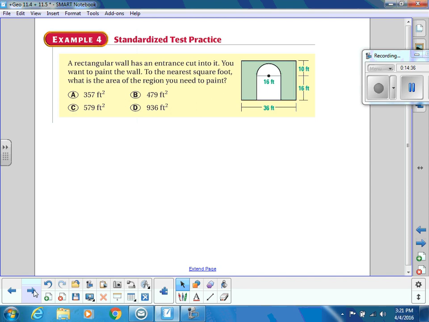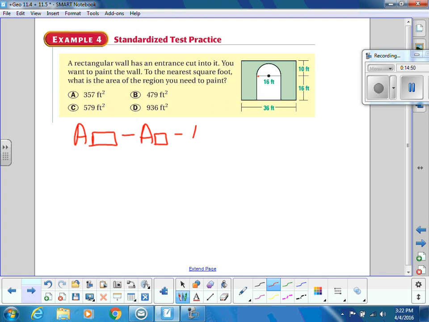All right, so let's look at this one. This looks more like what we were doing in the last class. We've got a rectangle, and we're going to subtract off the square and the semicircle. So this one's kind of nice because I've got a semicircle, so I don't really have to worry about the sector. It's just half of a circle.